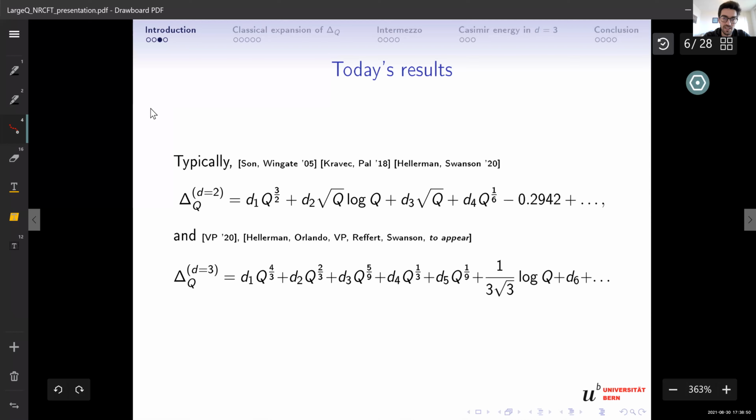And this I will discuss in detail in the following. So you see, you have this surprising term here, this one, and then a universal prediction, just like in the relativistic case. And the d equals 3 case is much richer than what you would expect in the relativistic case. And I will also try to explain where this thing comes from. It's exactly the same reasoning as the relativistic case.